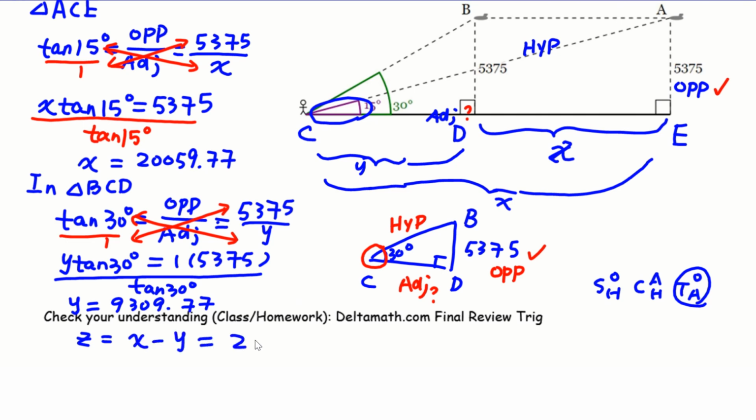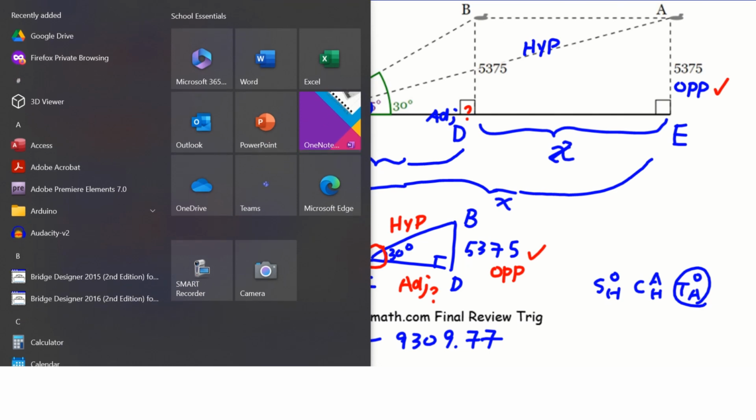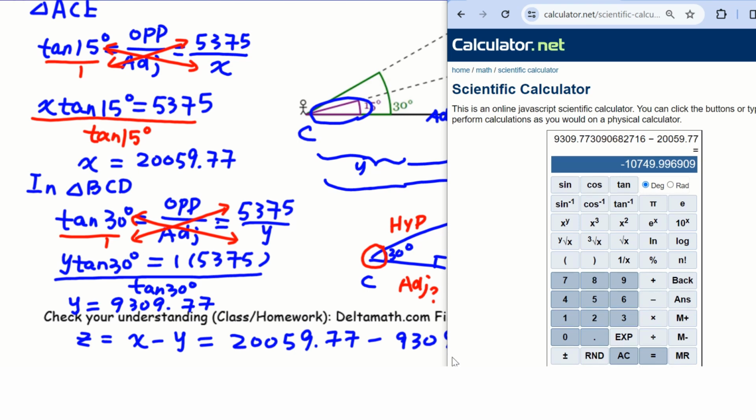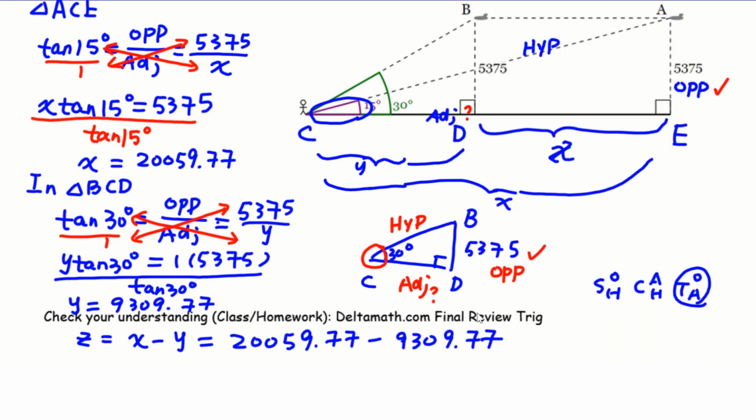We do the subtraction, 20059.77 subtract 9309.77, then we are going to have the final answer, 10749.99. Then we are going to round it, it is 10750.